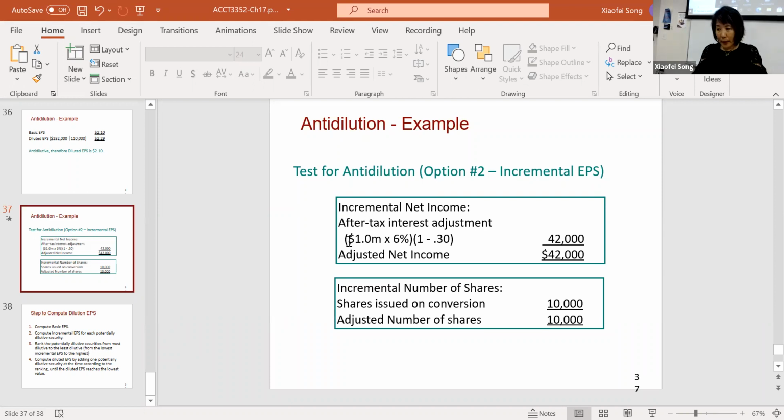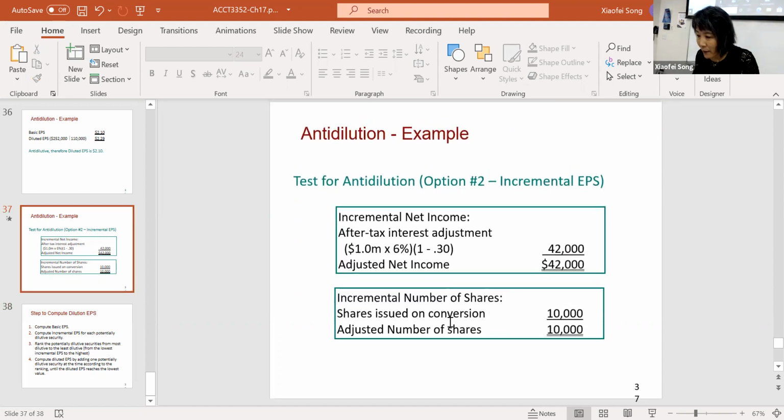If the convertible debt is converted, you would adjust the numerator by $42,000, and you will adjust the denominator by 10,000. So basically what you have here is, let me put it here.